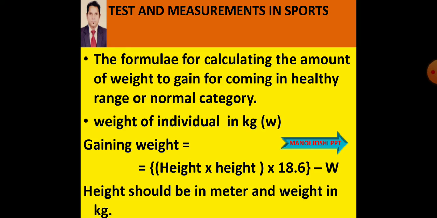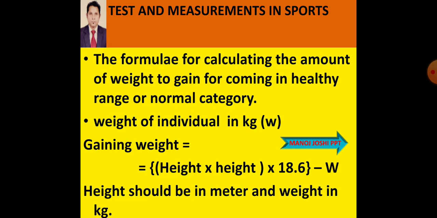the weight of the individual in kg is W. Weight to be gained can be calculated by the formula: height into height into 18.6 minus the original weight, the weight of the individual. Height should be in meters and weight should be in kg.